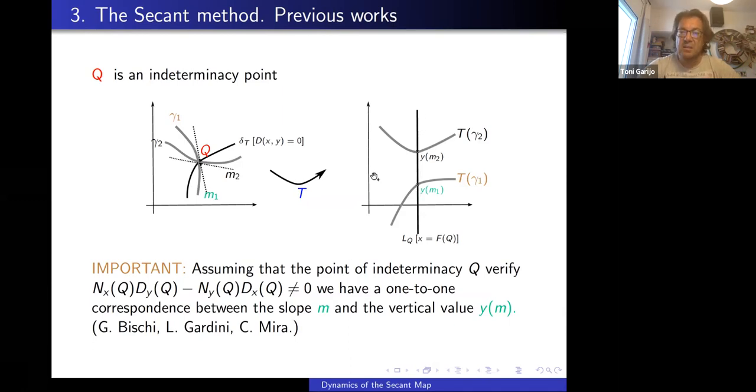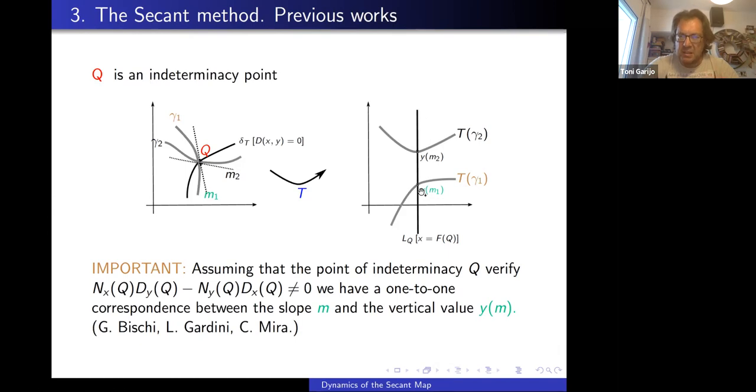In fact, the correspondence between the slopes and the values on this line is 1-to-1. Well, this line is called a prefocal line. And this phenomenon is responsible for the fact that in the dynamical plane we observe the lobes.